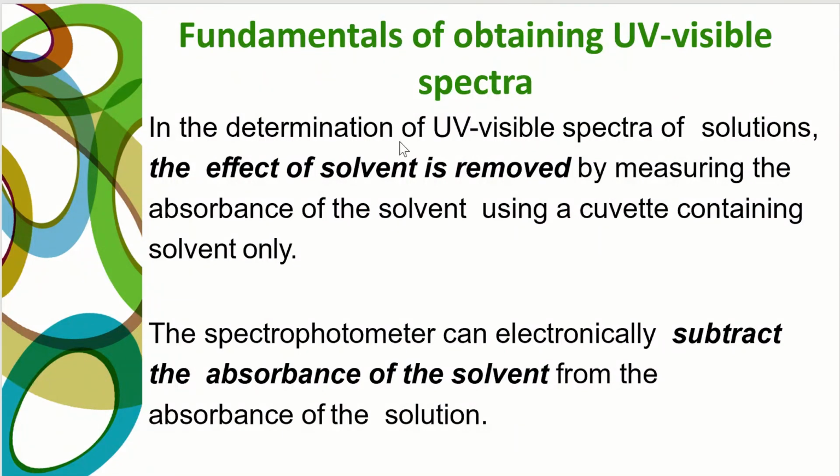In the determination of UV-VIS spectra of solutions, the effect of solvent is removed by measuring the absorbance of the solvent using a cuvette containing solvent only. So the spectrophotometer can electronically subtract the absorbance of the solvent from the absorbance of the solution.